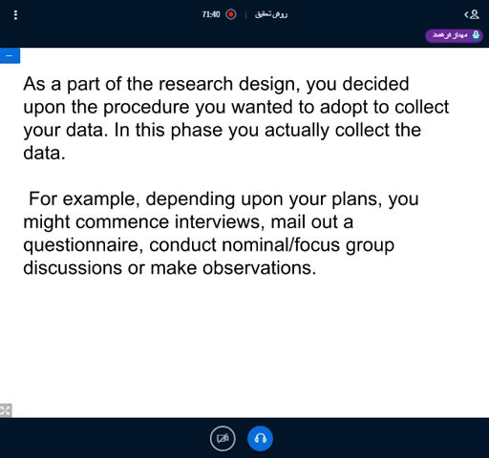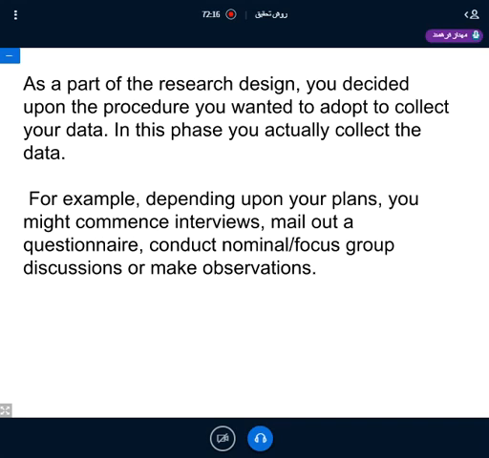As a part of the research design, you decided upon the procedure you want to adopt to select your data. In this phase, you actually collect the data. For example, depending upon your plans, you might commence interviews, mail out questionnaires, conduct focus group discussions, or make observations.